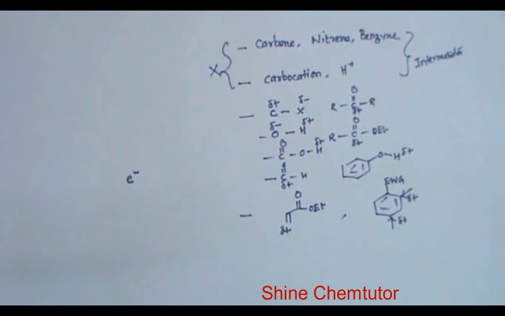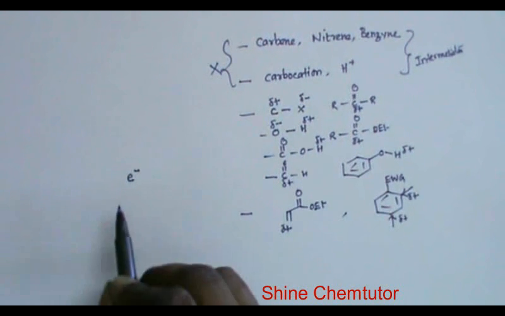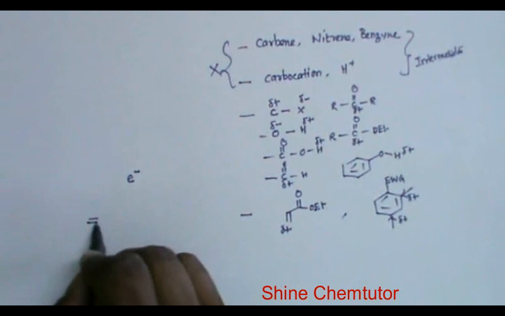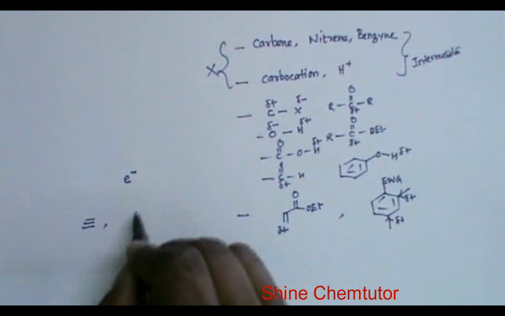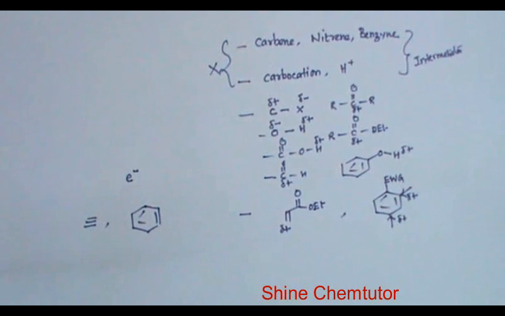What about the remaining two categories? Yes, it is possible. We can add single electron to all these electrophiles. Not only that, we can even add single electron to the last category of nucleophile.